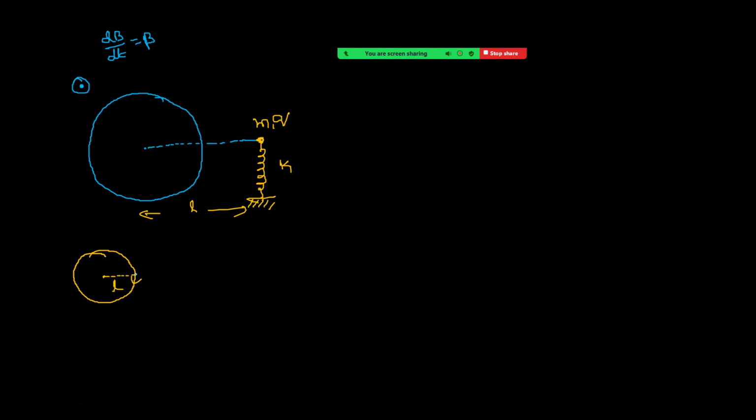At the location of the charge, the direction of the field is now downwards. Okay, I have taken this as L. That means this is L. I have taken one field line like this, a concentric circle like this.